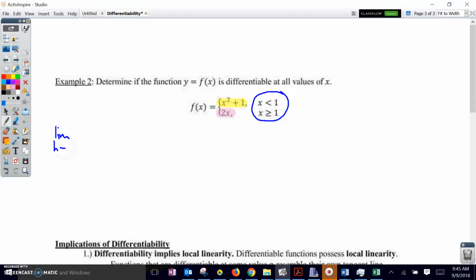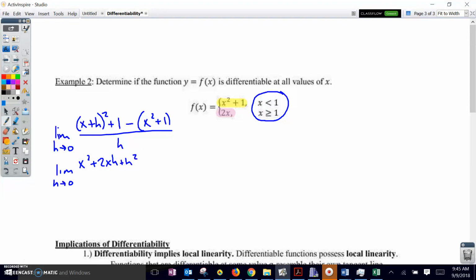So we've got the limit as h goes to 0 of f of x plus h minus f of x all over h. And we find this, and that's x squared plus 2xh plus h squared plus 1 minus x squared minus 1 all over h. Some things cancel out here, the x squared and the plus 1 and minus 1.